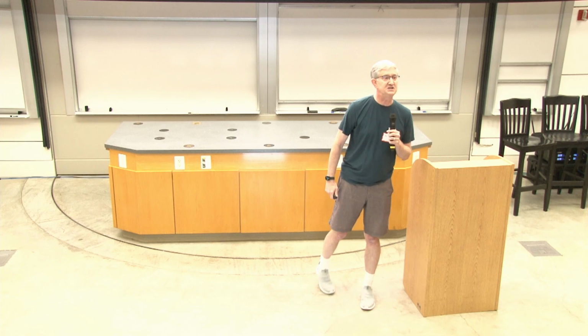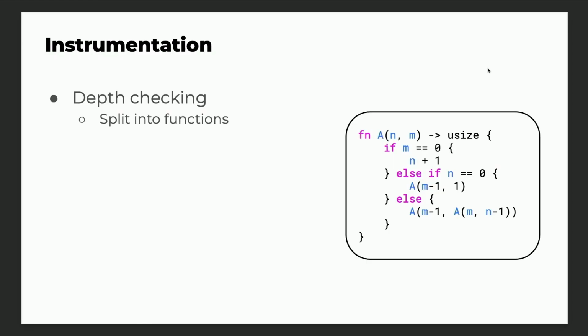All right, let's talk a little bit more about instrumentation. Another thing we need to do is check for stack depth to make sure that programs don't overrun the stack depth, just like Ethereum does. There's an analogous thing in Ethereum. So again, we can do the same kind of thing. We can add instrumentation. Just like gas checking, now we're checking stack depth.